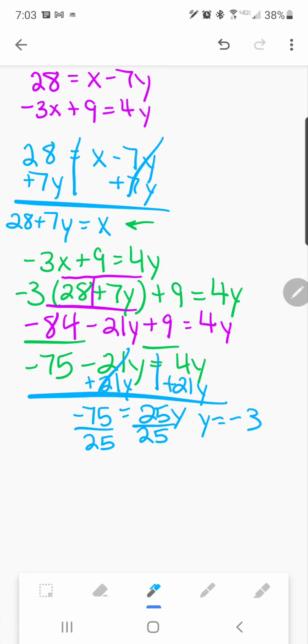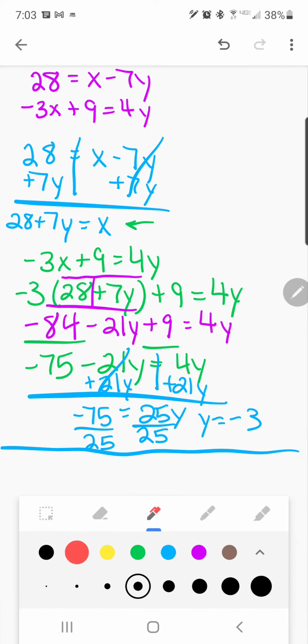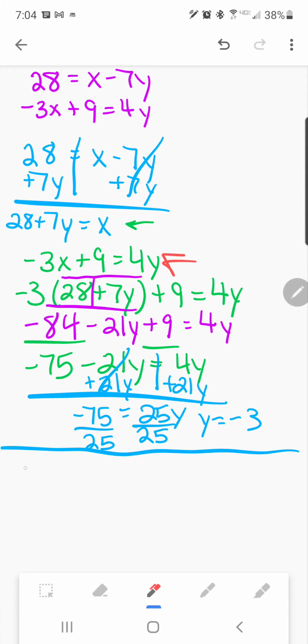So now we can use negative 3, and we will substitute that into the other equation, and that's going to give us what x is. Since I used the first one already, I'm going to use the other one to substitute this in with.